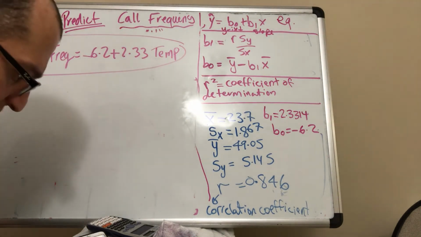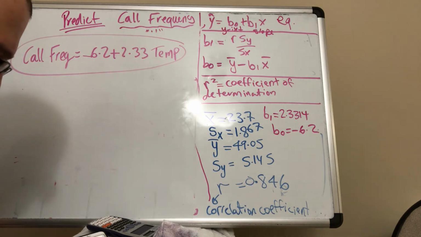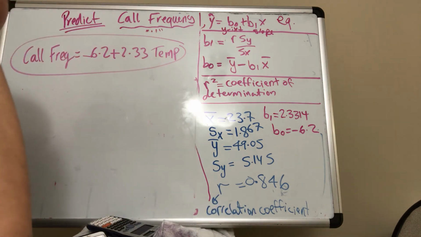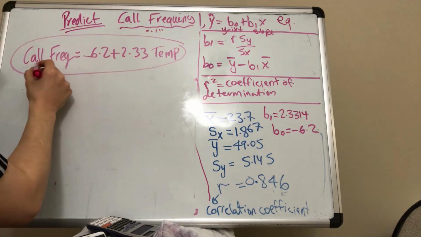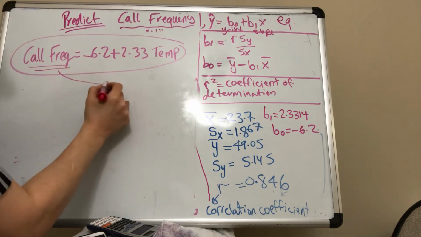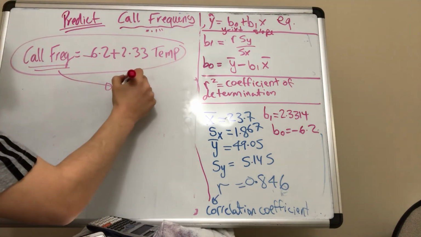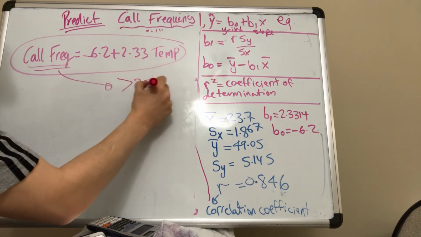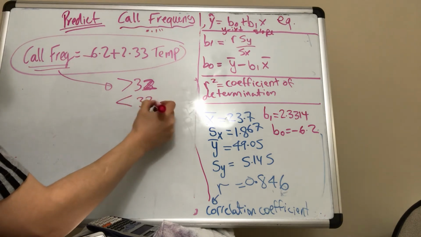And then they tell you, females do not respond to mating calls below 32. Use your regression to predict if females will or will not respond when the temperature is 15. So we want to see if the call frequency is more than 32 or less than 32.